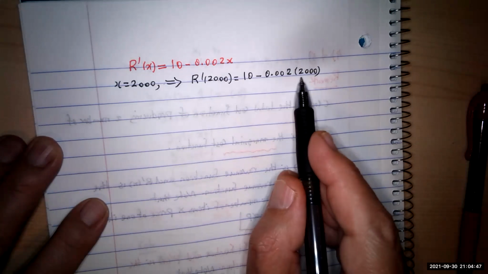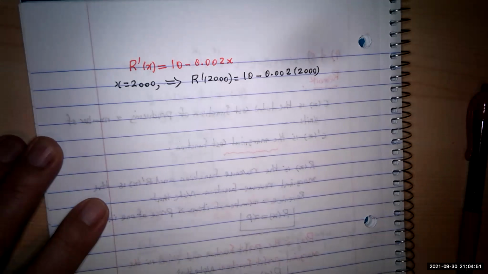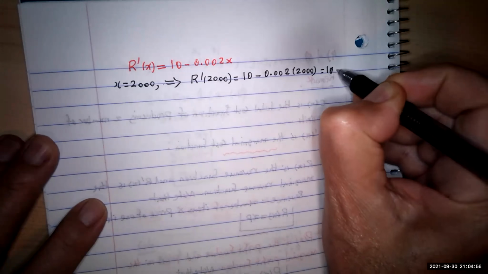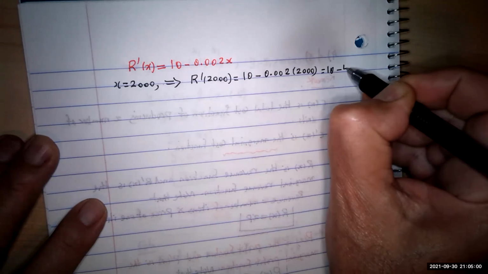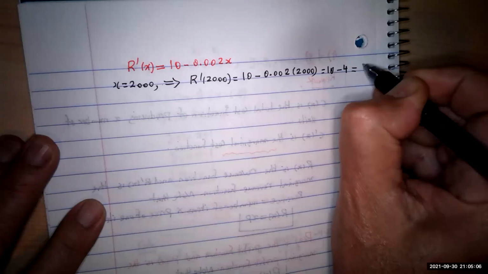Now you multiply 2 times 2 would be 4. It's 4,000 and you have 3 decimals. So that gives you 10 minus 4. You can use your calculator to check it. 10 minus 4 would be 6.